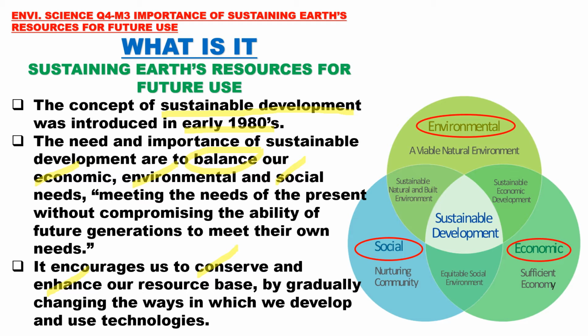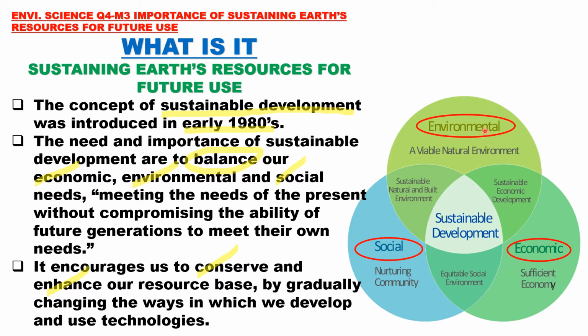If we are to balance our economic needs, then we will have sufficient economy. If we are to balance our social needs, then we will have a nurturing community. If we are to balance our environmental needs, then we will have a viable natural environment. Social and economic needs that are balanced together will give us an equitable social environment.